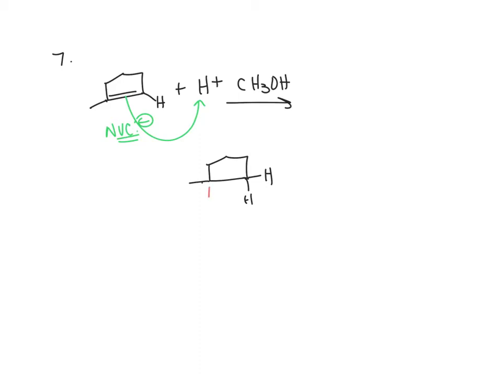And this would be your carbocation, which would be a tertiary, so it'd be more stable. So the hydrogen would add to the least substituted carbon. And then now this is your electrophile, and this is your new nucleophile for step 2. Would come in and add there.